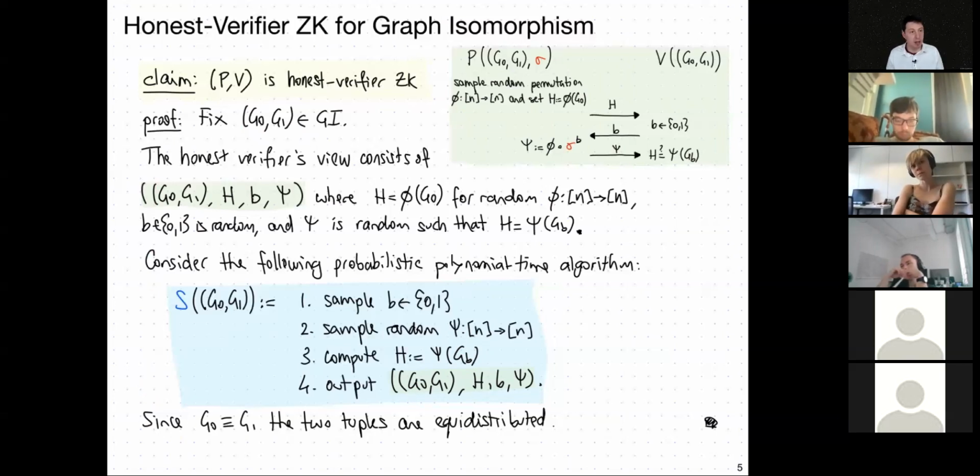We just checked what the honest view was, and we designed a simulator for it. Again, no philosophy, no weird musings, just proving theorems, even though we're talking about knowledge, or lack thereof. All right, any questions about how this simple interactive proof is honest verifier zero knowledge?